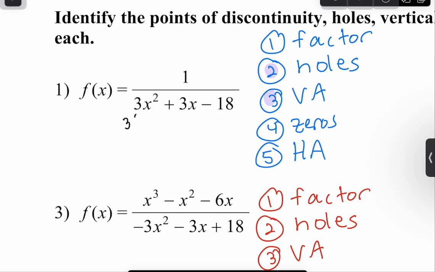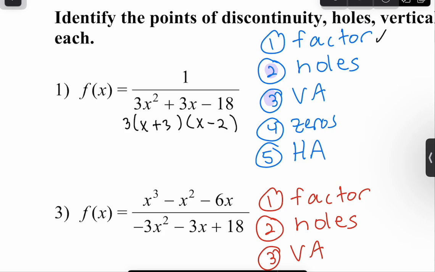But if you factor out a 3, you are left with x squared plus x minus 6, which is factorable one more time to be x plus 3 and x minus 2. So that's the fully factored form. Okay, so factored form done.